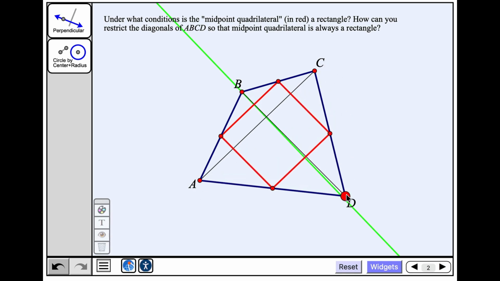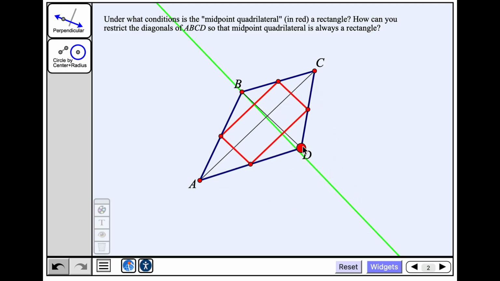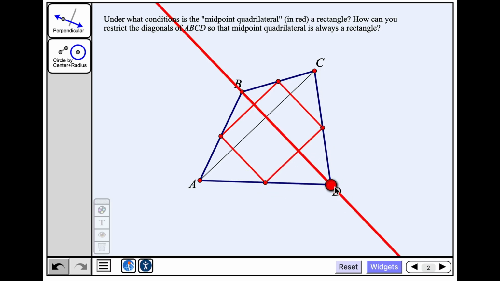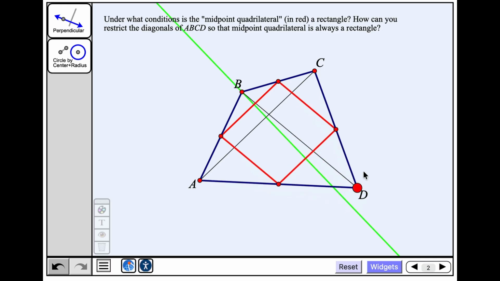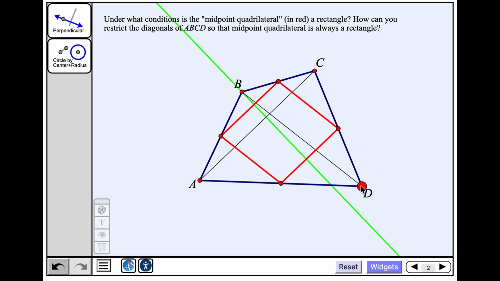Well, if point D were to sit anywhere along this line, then our midpoint quadrilateral, the one shown in red, would be a rectangle. With other software, as I said, this would not be possible because D was not constructed to sit on the green line. But you may have noticed that when I moved D over the green line, the line and point D were highlighted.